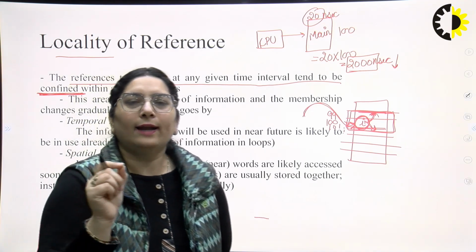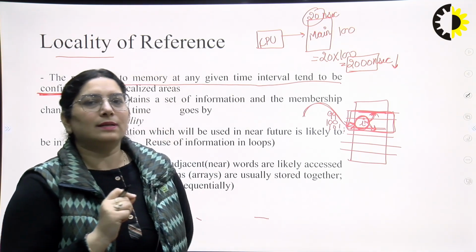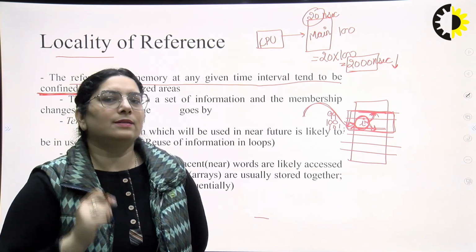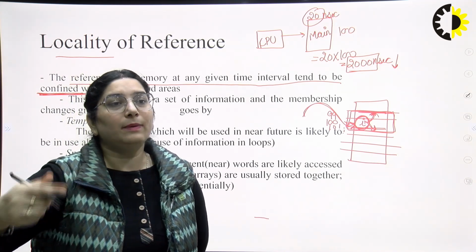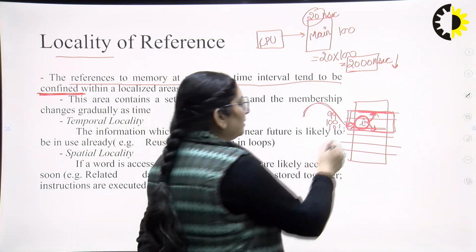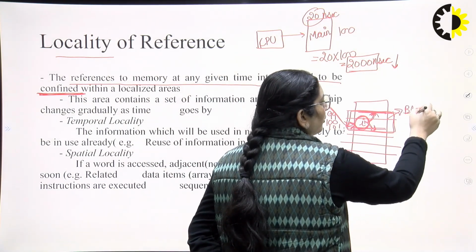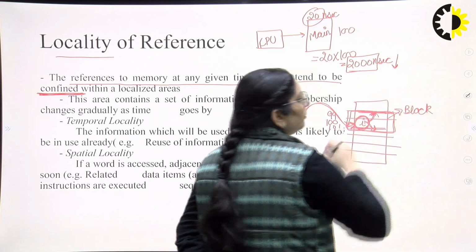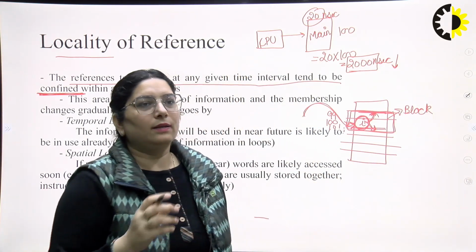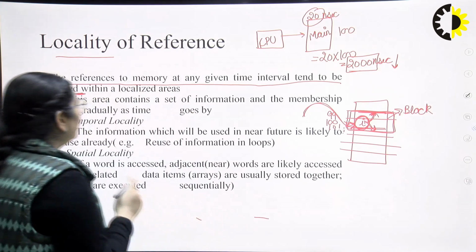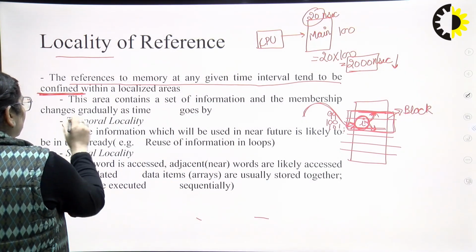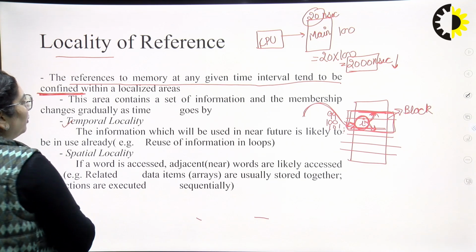That means after the data item that was last accessed, the next reference the CPU will make is to the neighboring items, and this complete neighborhood is defined by a block. We call this neighborhood a block in the main memory. Fine. Another kind of memory reference is temporal locality of reference.